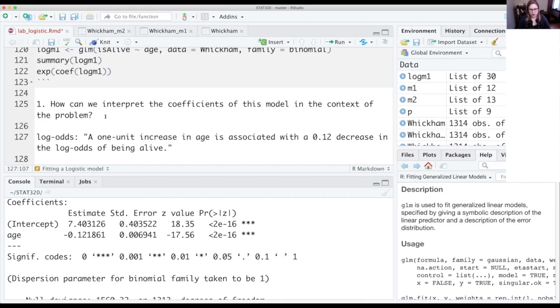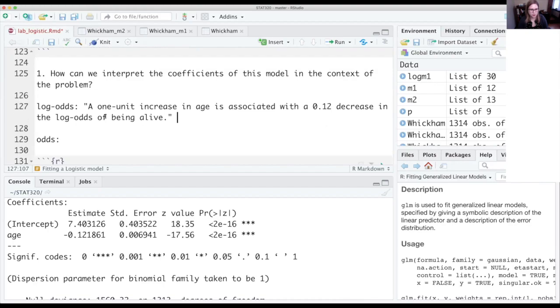So that's the one that is similar to the linear regression sentence. A 1 unit increase in that explanatory variable is associated with, and then you put in the slope and say an increase or decrease, in the log odds of whatever your response variable is. So that one you just read off the table.